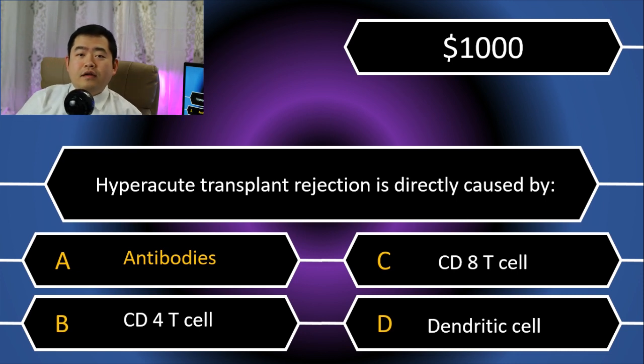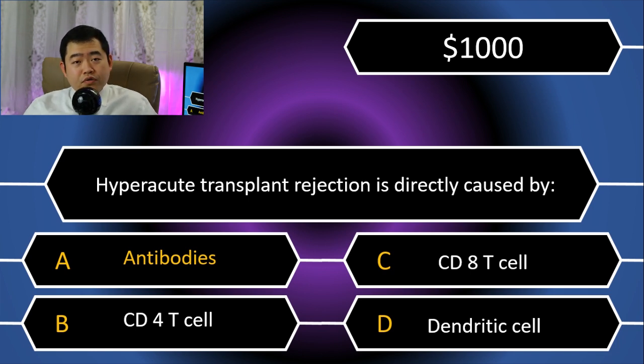To be more precise, they are pre-existing antibodies, those already present in the recipient's blood, which mount a very, very quick attack against the donor tissues, leading to hyperacute rejection within a day.